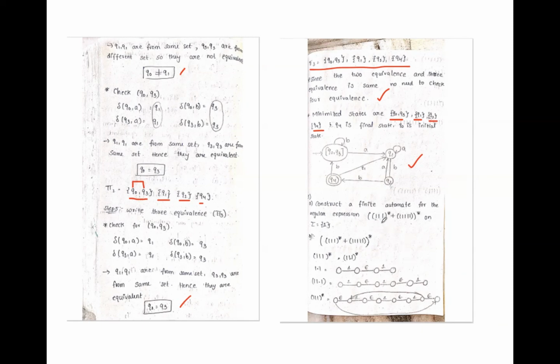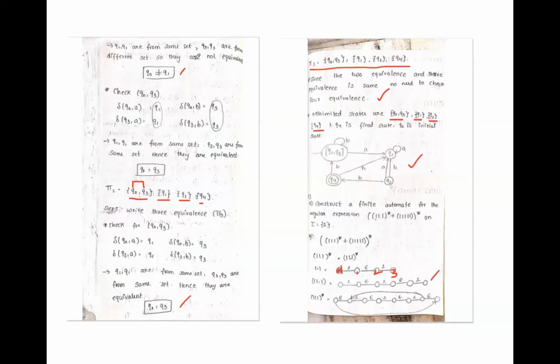Here 111 can be represented like this: 1 epsilon 1 epsilon 1. Whereas (111)* should be represented in this way. You need to mention states in this, like Q0, here it is Q1, Q2, Q3. Inside the circle, we need to mention states as well.